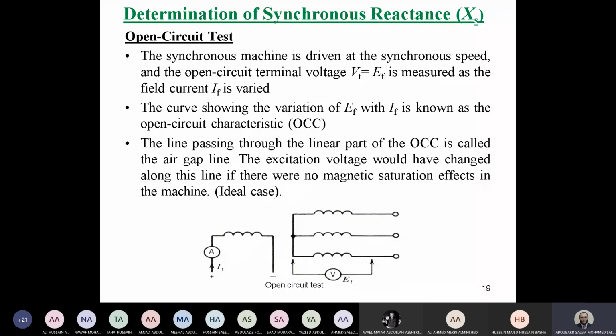So we need to identify the value of XS. This is very important for the synchronous machine, and also for any type of machine, guys. The parameters of the machine are very important to be identified for speed control, torque control, and so on. Okay, so here we need to identify the value of the synchronous reactance.